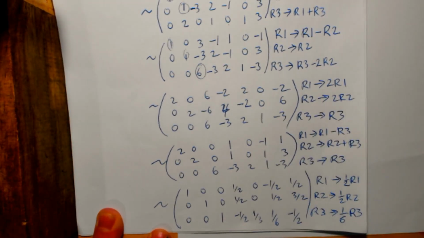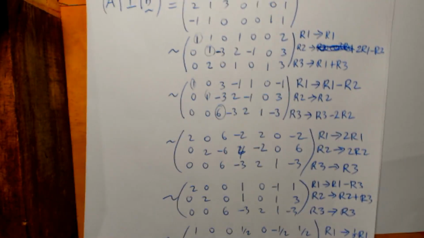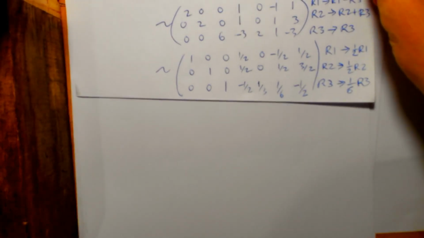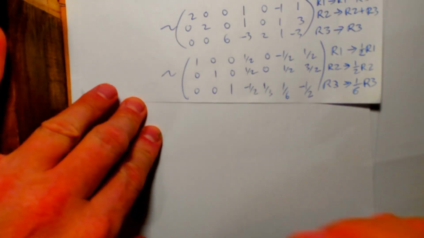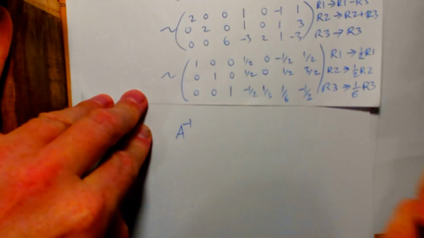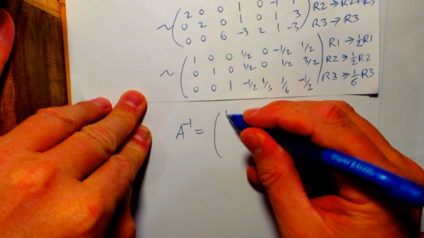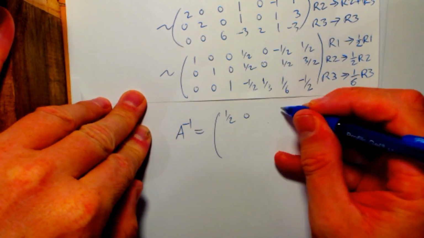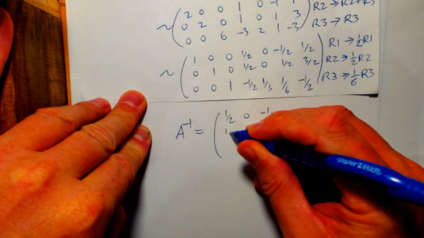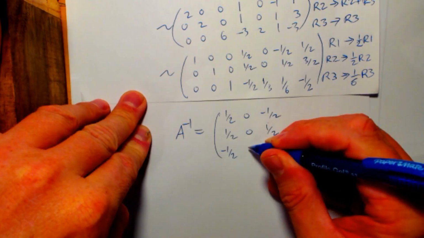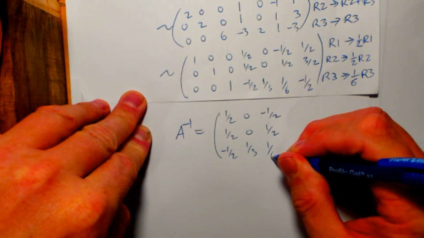And so there's a little bit more that we need to say about this. So we can say that A inverse is equal to the matrix 1/2, 0, minus a half, 1/2, 0, 1/2, minus 1/2, 1/3, 1/6.